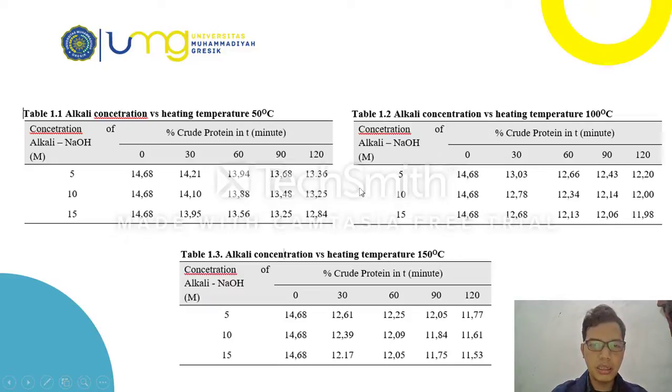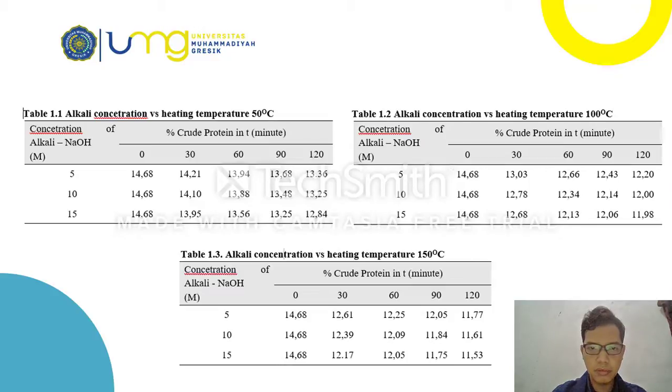Based on this analysis, the combination treatment of 10 molar sodium hydroxide and a temperature of 100 degrees Celsius is considered the most efficient treatment for the manufacturing of chitin because, for the sodium hydroxide concentration factor, the higher concentration results in lower crude protein content.